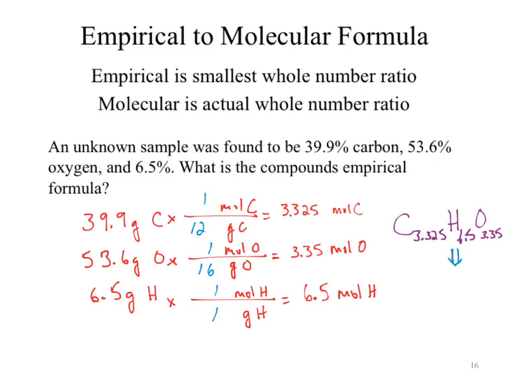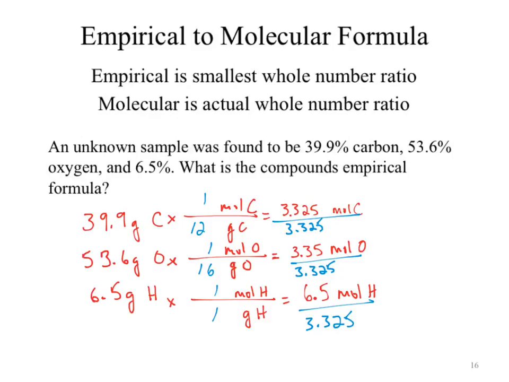We divide all 3 values by our smallest number, which happens to be 3.325. So that formula was nonsense, and we end up with 1 point something.